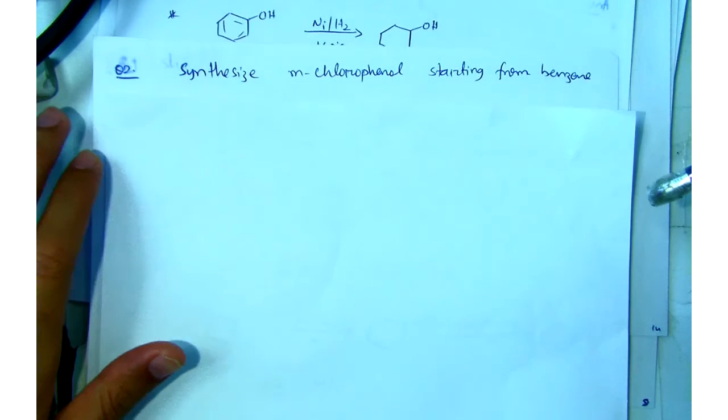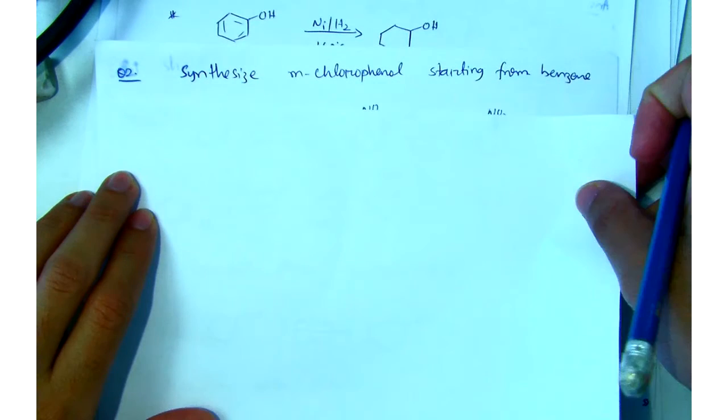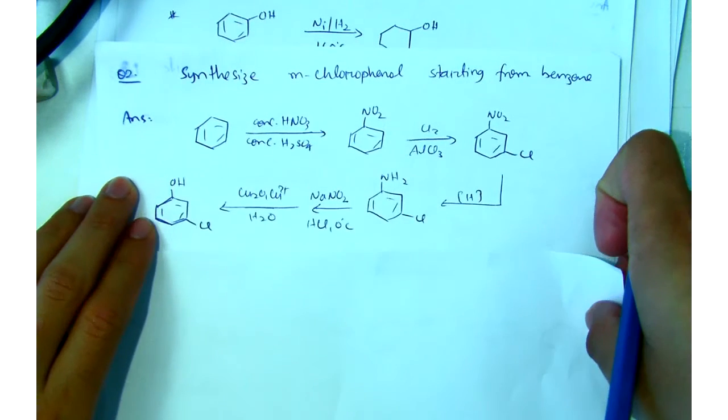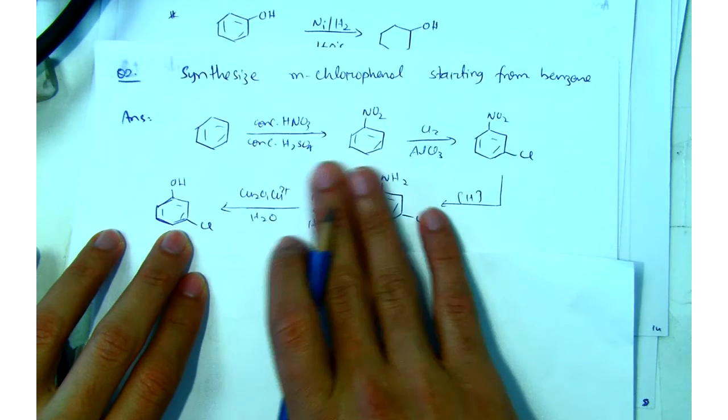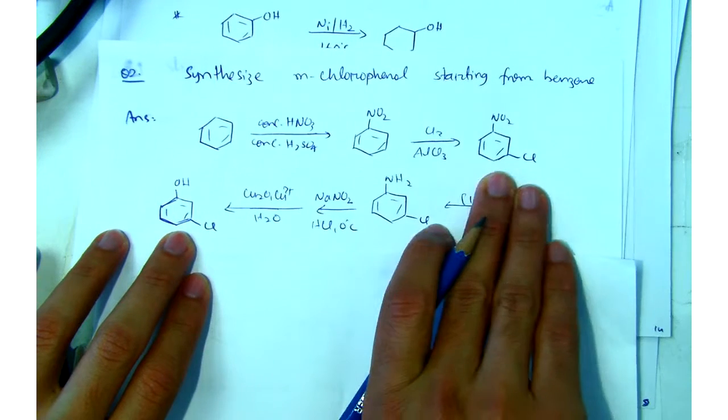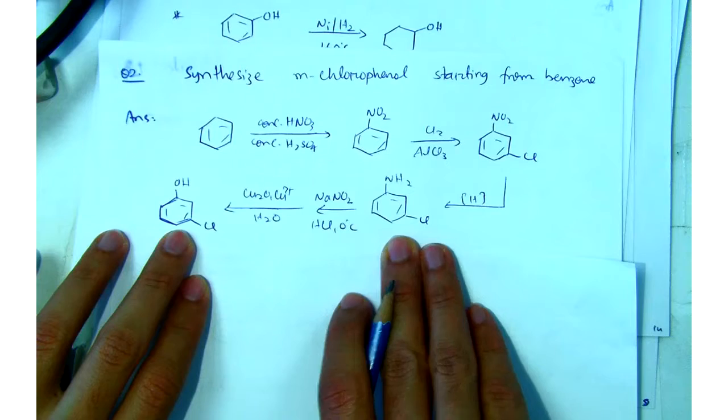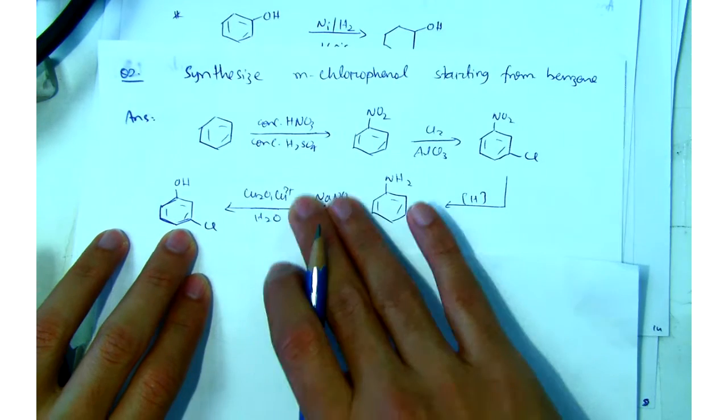Then yeah, nitro, we have to correct. Right. Nitrobenzene, then chlorination, then reduce, and then diazotize, right?